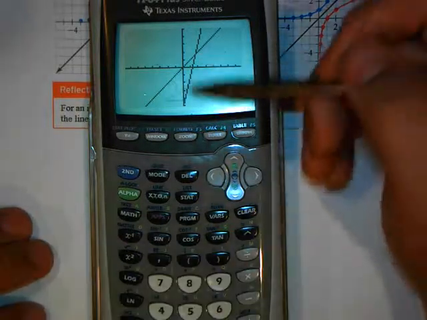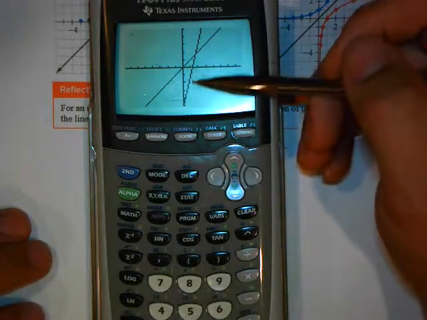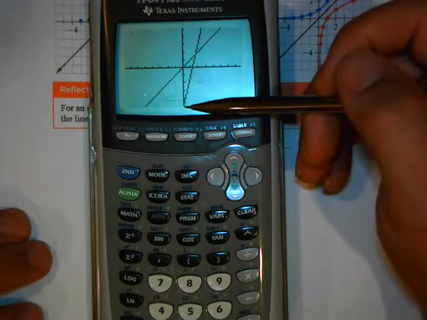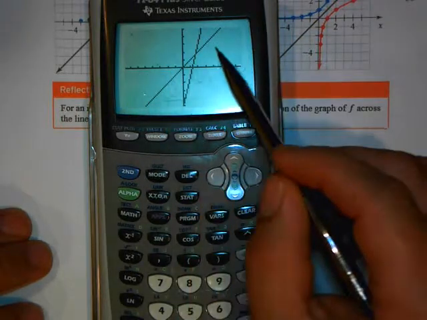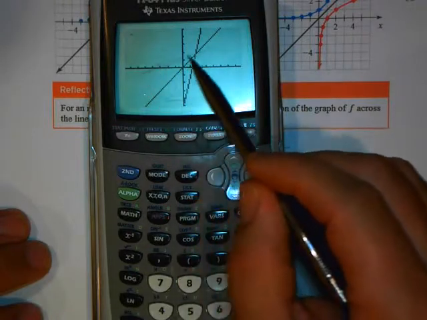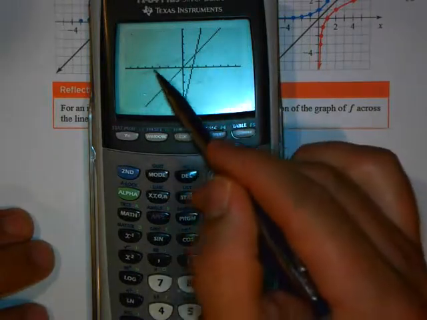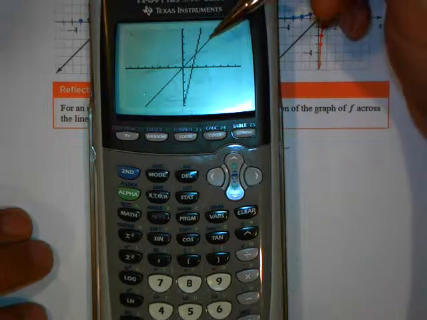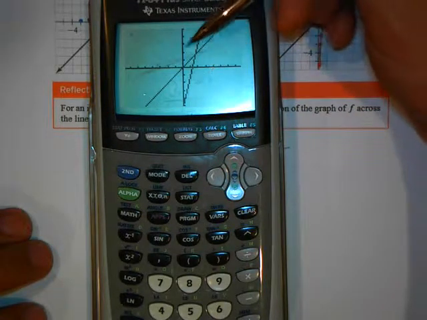So it looks like it's going to be something like here, if I draw on my calculator. Okay, because if we fold it on this line y equals x, this bottom half has to match up. This one would have to match up with that.